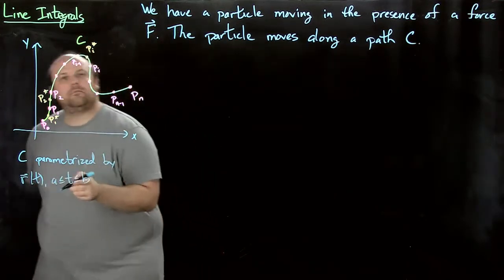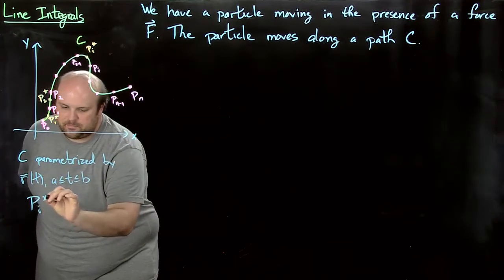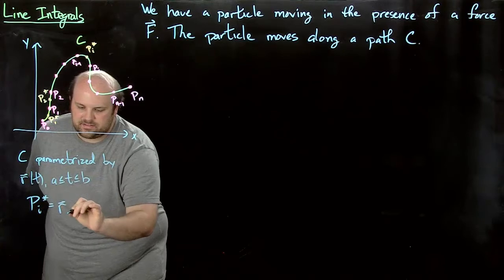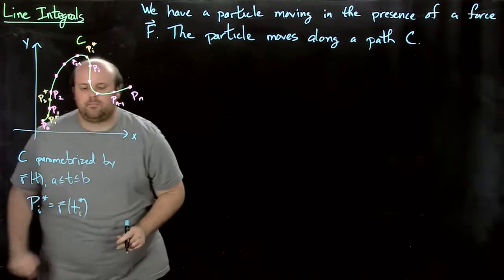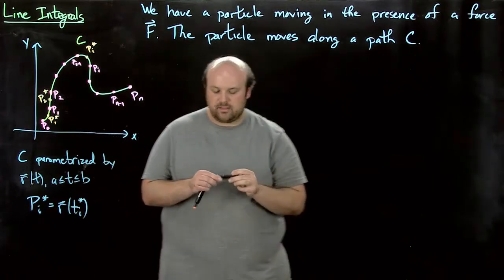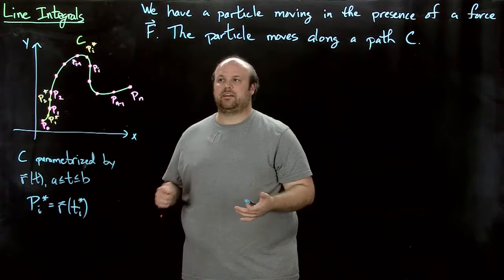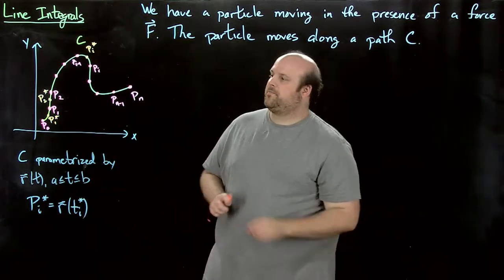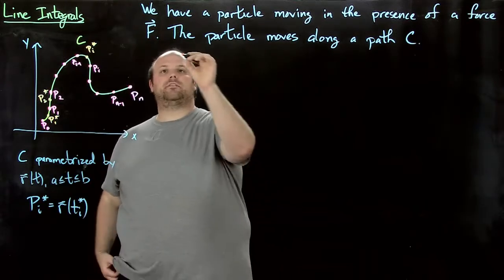And then what I want to do is set this up so that Pi star is the image of some r(ti star), okay? And that's just like what we were doing before. So it's these sample point kind of things, right? So how do we approximate work?